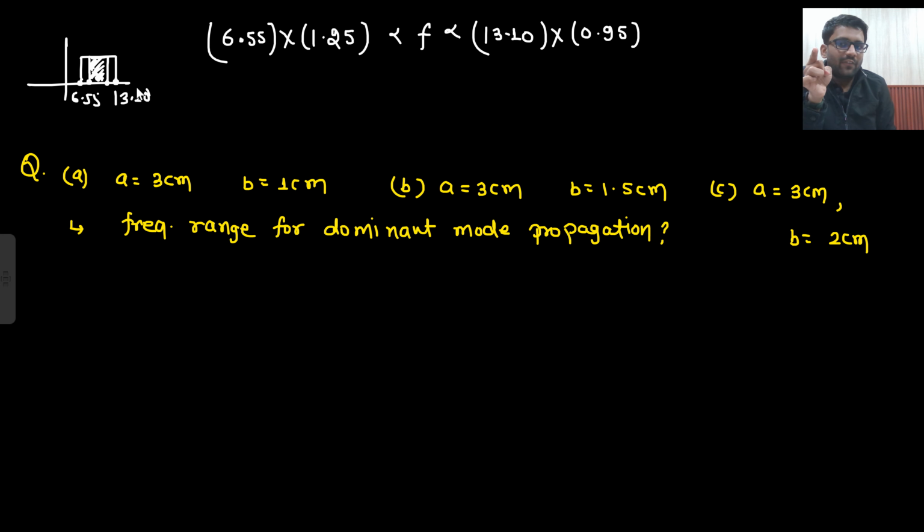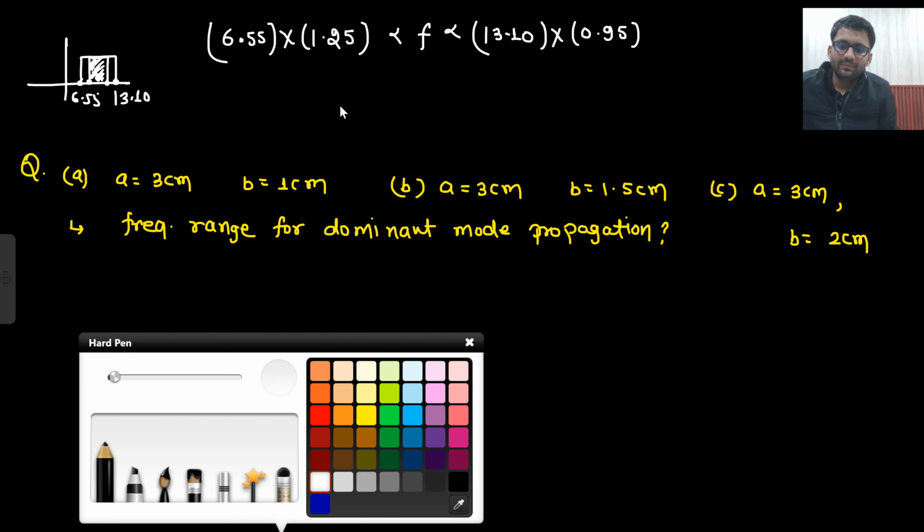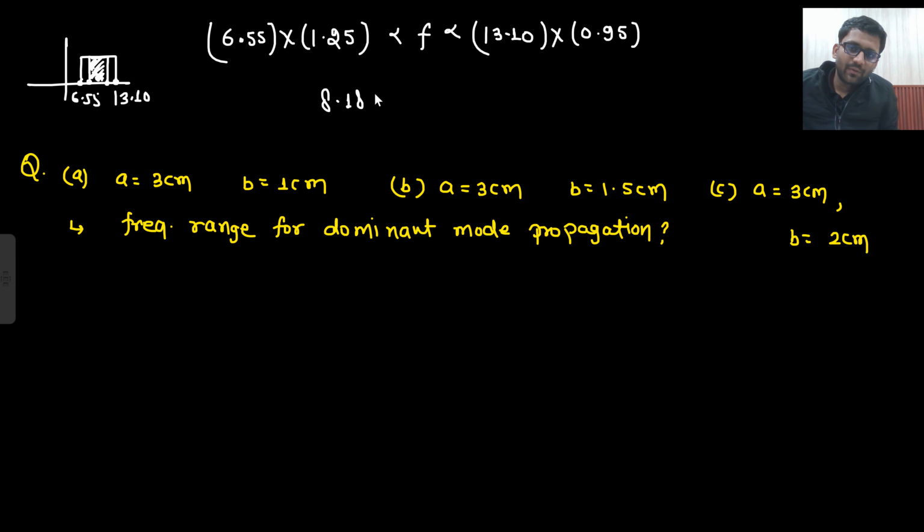This value is 95% of 13.10. So 6.55 into 1.25 gives 8.18 gigahertz. And here, 13.10 into 0.95 gives 12.44.